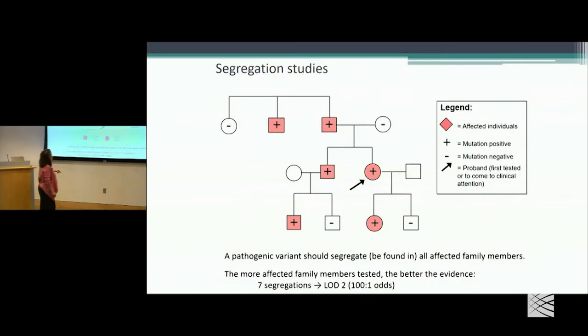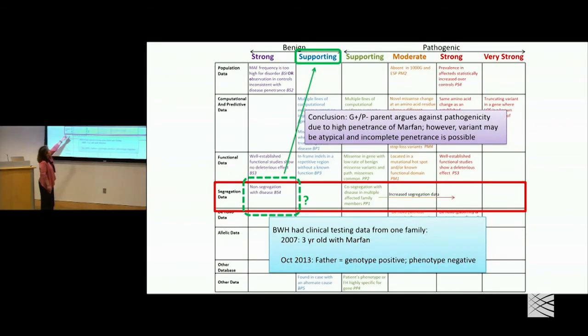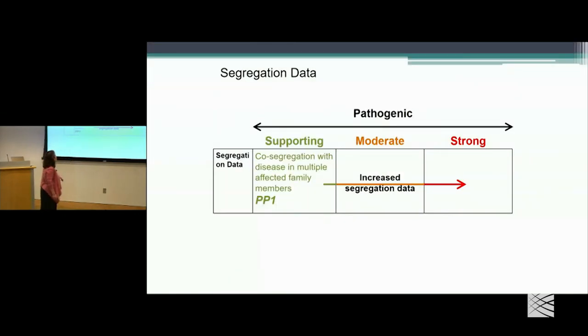I think I was just describing segregation in terms of that the phenotype should always have a positive. So here's where we said, all right, this data argues against pathogenicity, but there is some incomplete penetrance, so we scored it as supporting evidence, not strong, for a benign impact.